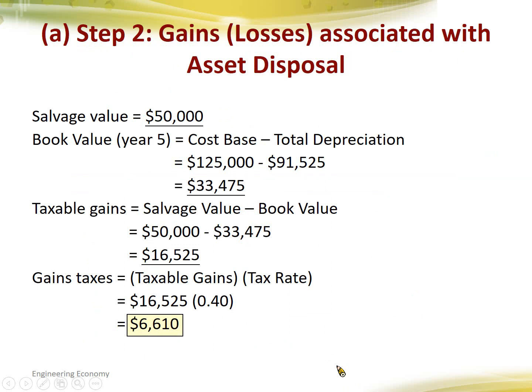So we can look at the computation. Okay, we saw previously that salvage value will be 50,000, and then the book value at the end of year 5. Book value will be cost basis minus total depreciation.